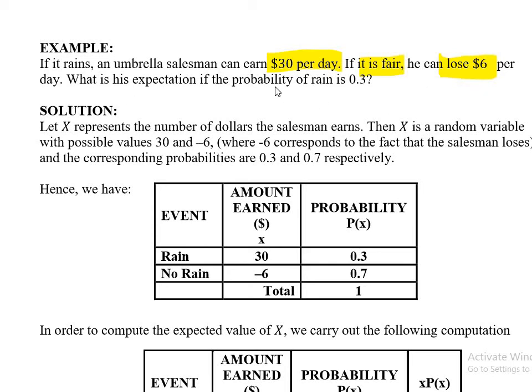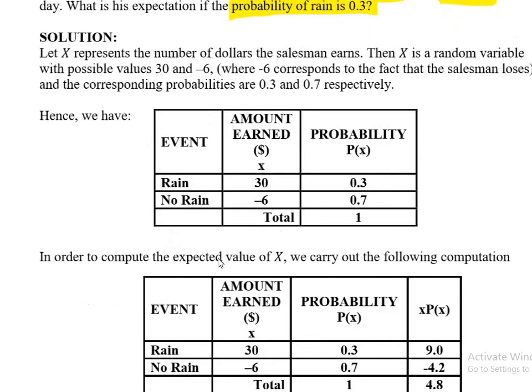So what is the expectation if the probability of rain is 0.3? So you see, if it rains, you earn $30, and the probability of rain is 0.3. If there is no rain, you lose $6. It means it's -6. So the probability of no rain is 0.7. Of course, it's 1 minus 0.3, which is 0.7.